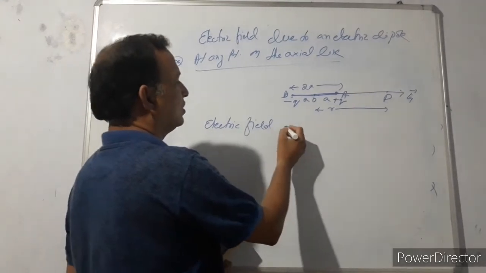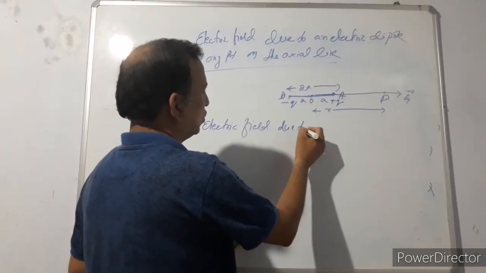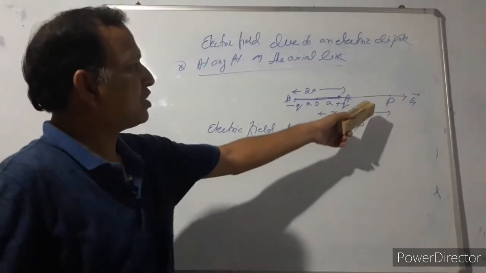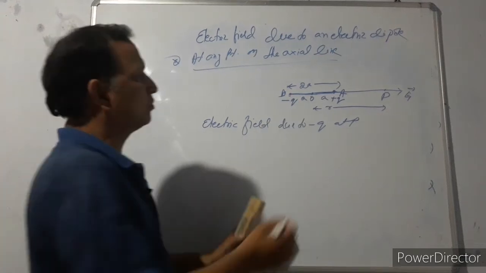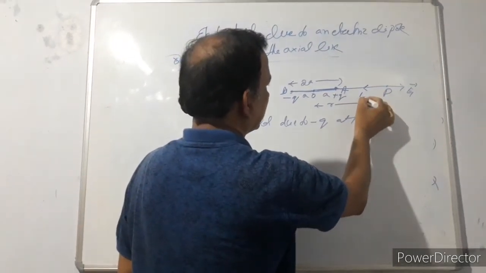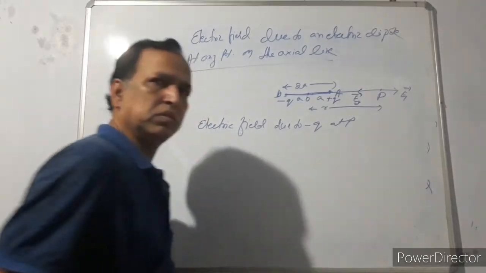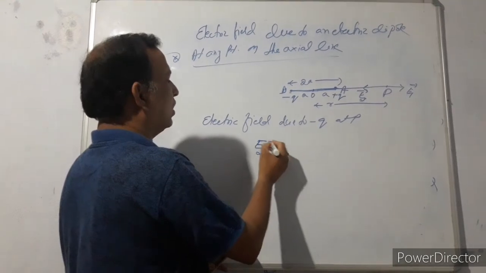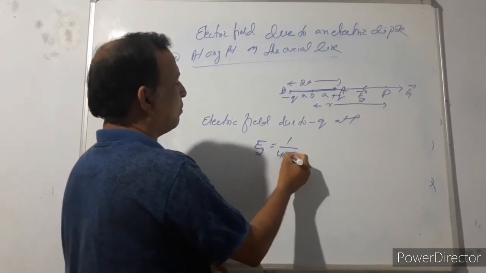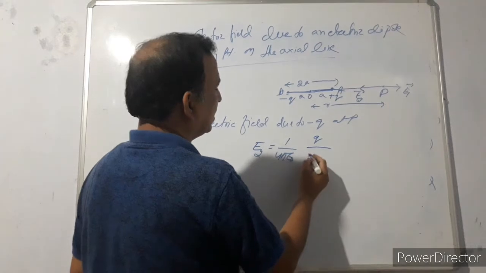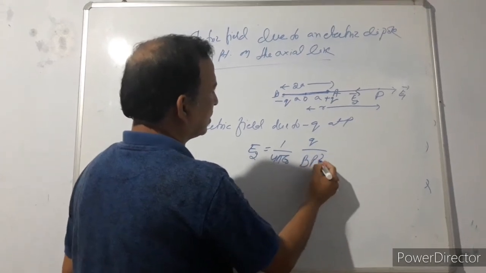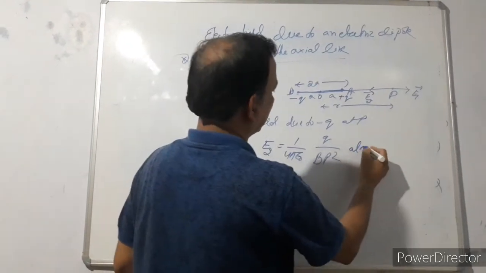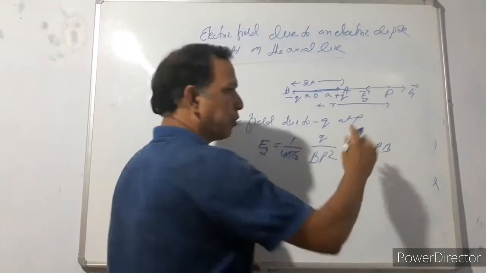Now, electric field due to minus q at P. So that means towards minus q. This is E2. E2 is equal to 1 by 4 pi epsilon naught q by BP square, along PB, not produced.